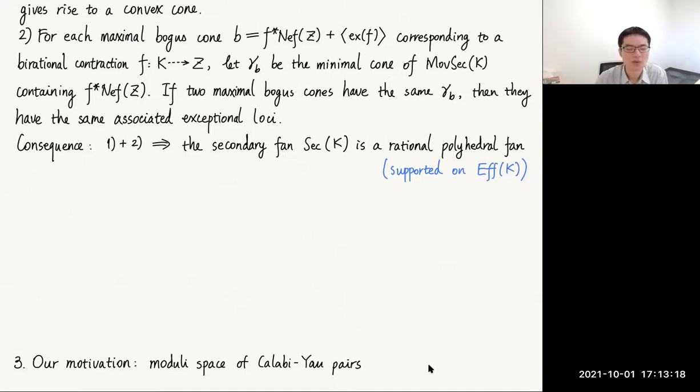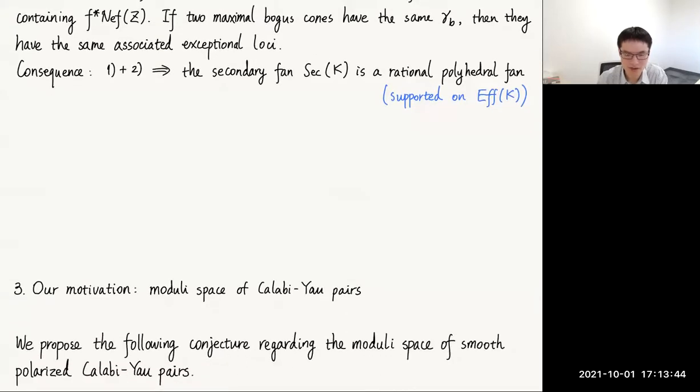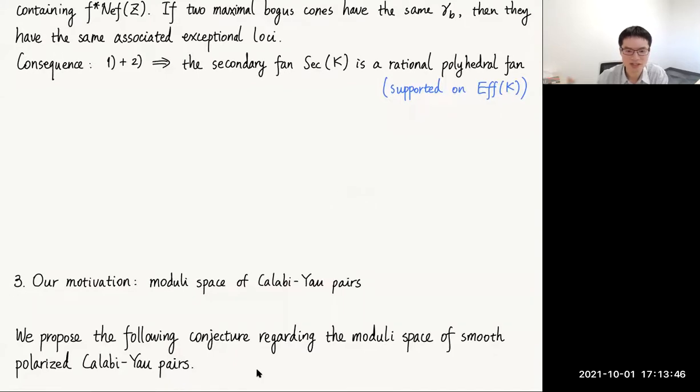In short, we want this secondary fan, or more precisely the toric variety associated to the secondary fan, to be some moduli space of Calabi-Yau pairs, some base over which we have these Calabi-Yau pairs. So it was motivated by the following conjecture, which itself came from considerations from mirror symmetry.